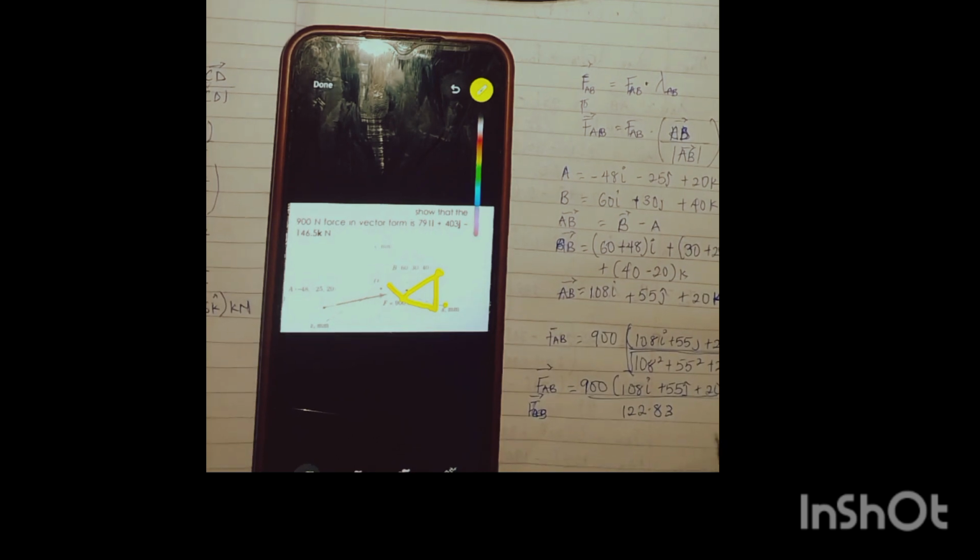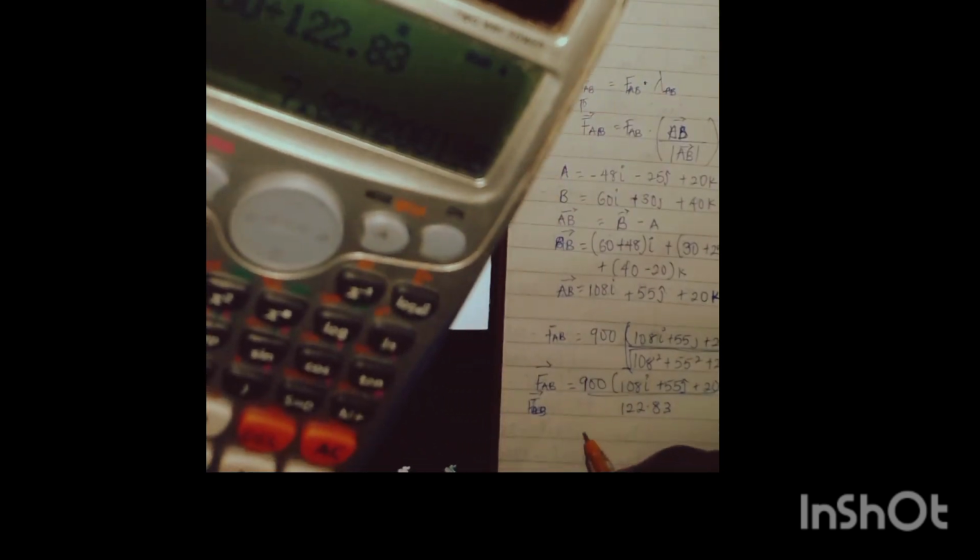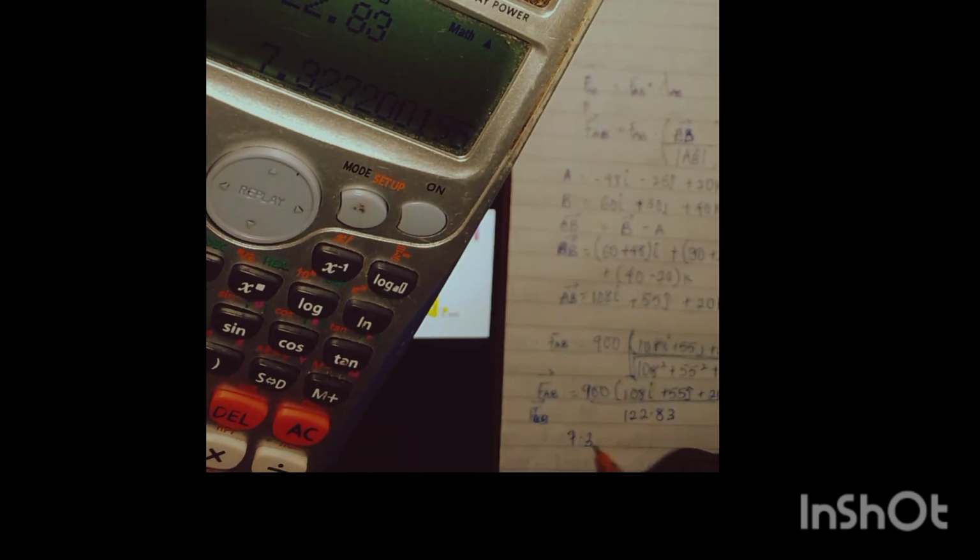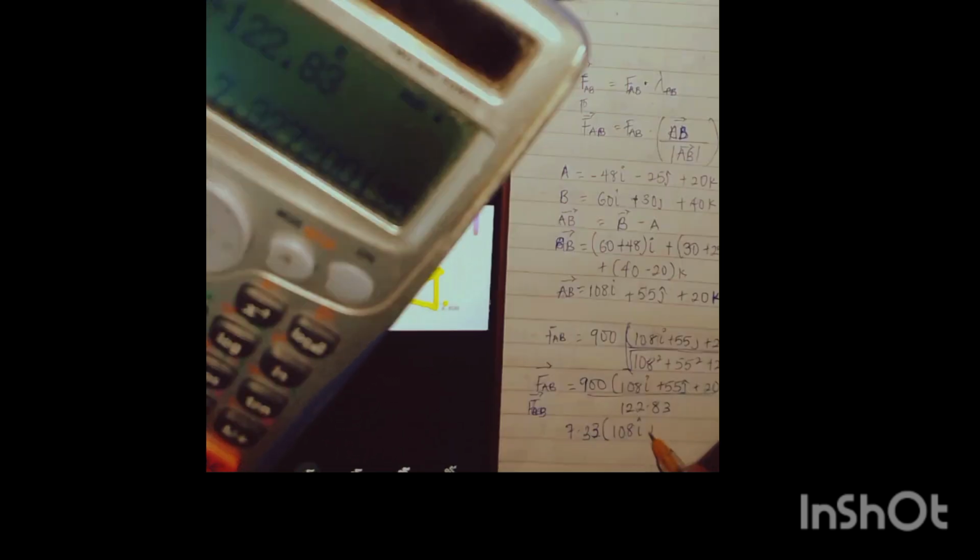So that means we're having 900 divided by 122.83, which is 7.32. So by approximation, that's 7.33 into bracket 108 in i direction plus 55 in j direction plus 20 in k direction.